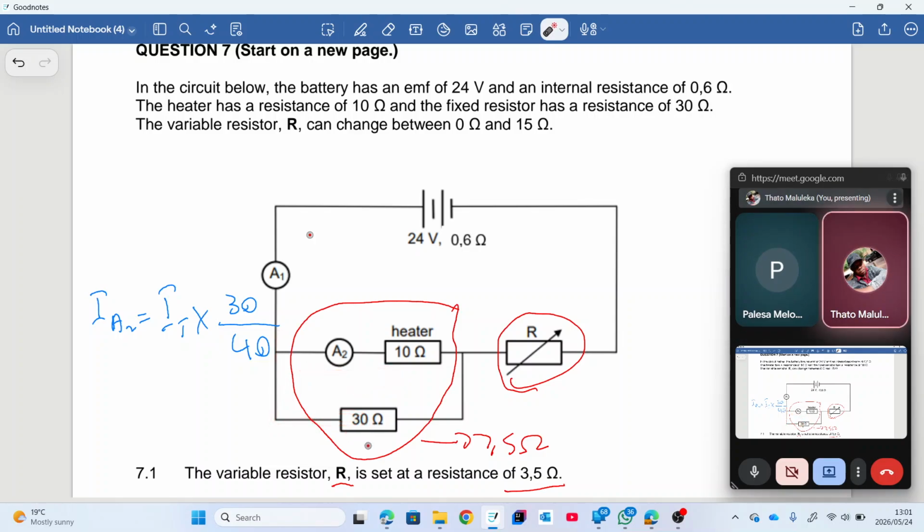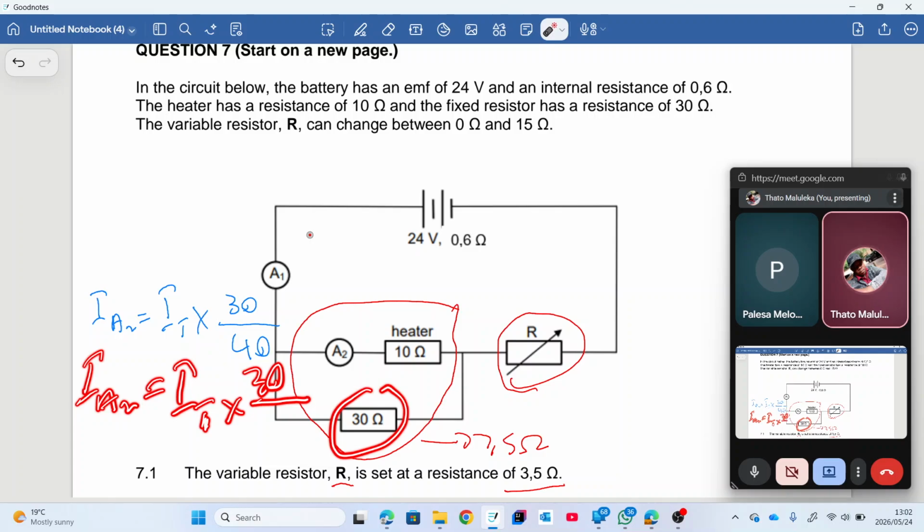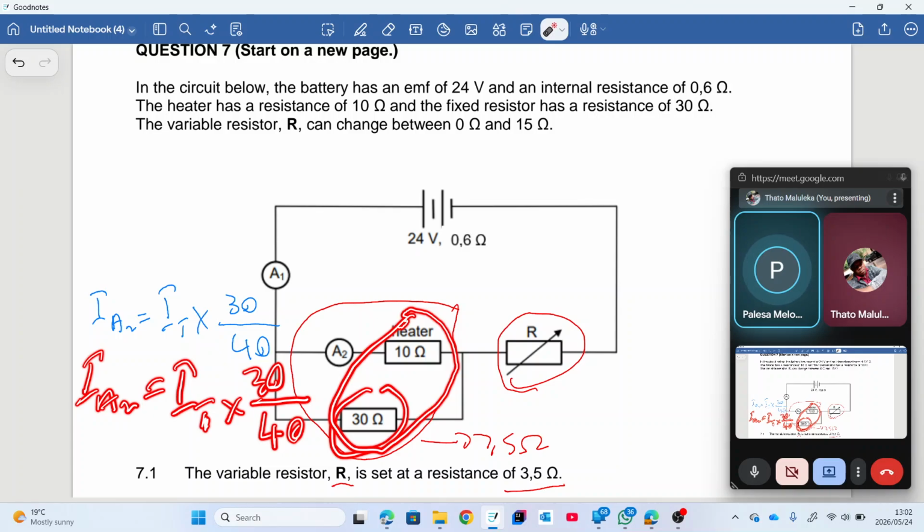So the I that passes through A2 equals the total current, where the 30 sent by this is divided by the total resistance of the two when you add them. So you added them to get the 40. Yes. Okay.